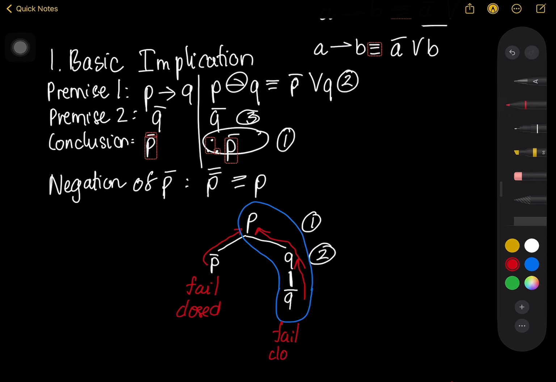Therefore, it is closed. Okay, if we see all the premises and the negation of the conclusion fail, which means they are inconsistent, therefore we can conclude that our original argument here is valid.